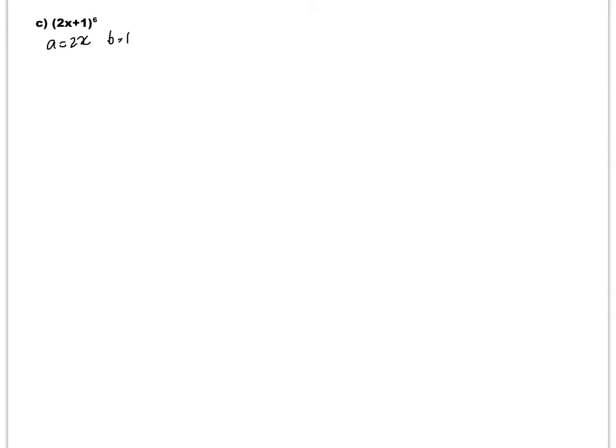So it's going to be 1, 2, 3, 4, 5, 6, and 7 terms. We start with a with the maximum exponent, so it's going to be 2x exponent 6 and b, which is 1 exponent 0.